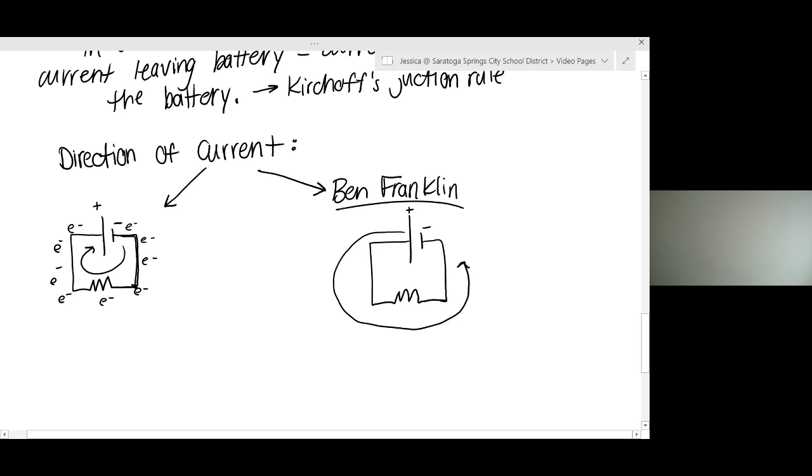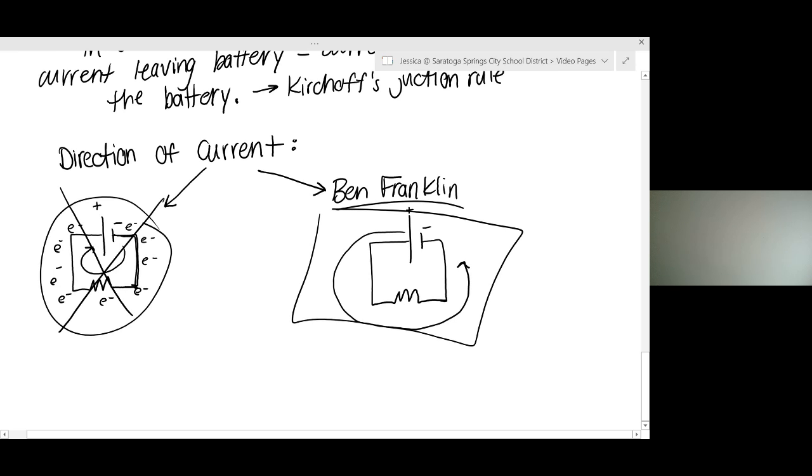And because that has stuck around since, I don't know, the 1600s, I don't remember when Ben Franklin was alive, unfortunately, because this has been the standard for so long, even though we know that this is the correct answer, we still follow what Ben Franklin said, even though it's technically wrong.